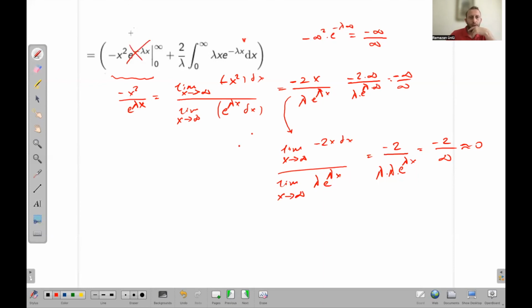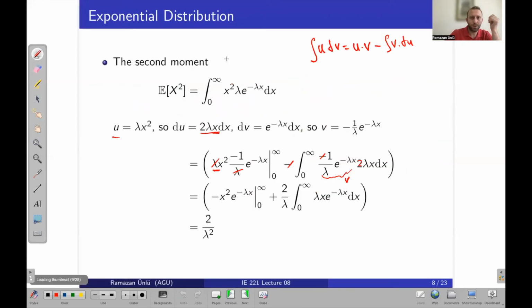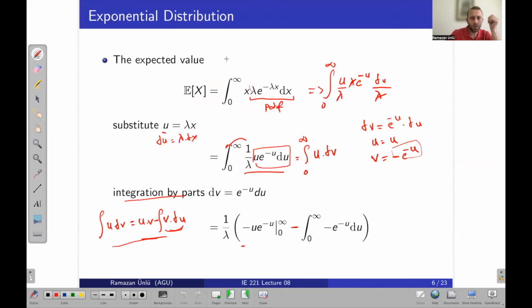This first part is 0. What is this one? Remember that lambda times e to the minus lambda x is the PDF of the exponential distribution, and x is the corresponding random variable, right? That is actually the expected value. The expected value of x is equal to the integration of x times the PDF.